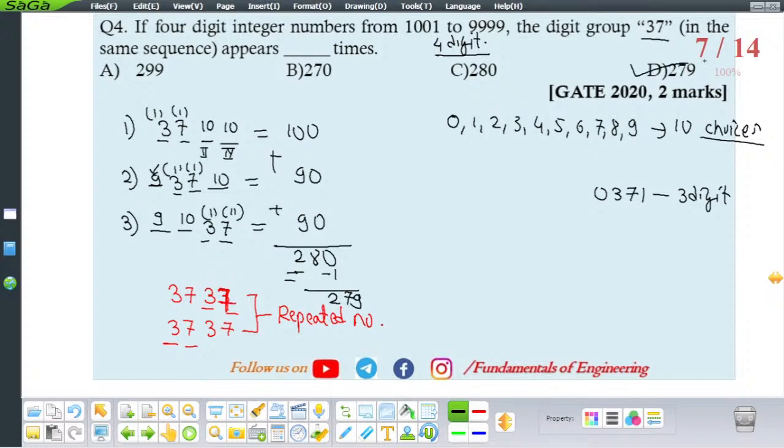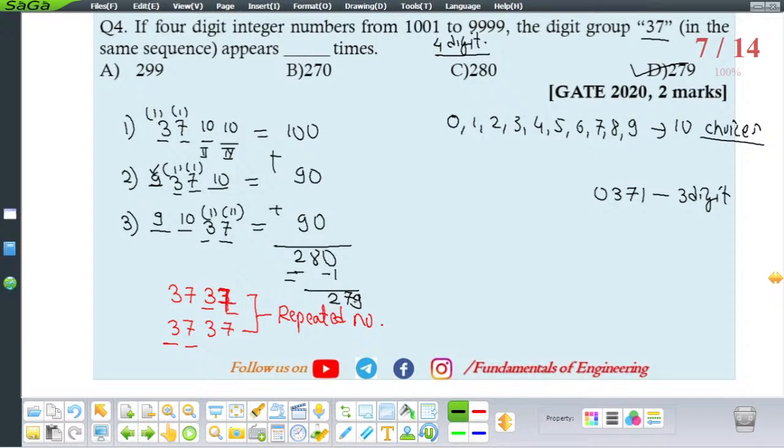Why? 37, 37 and 37, 37. This will be the repeated number. We can't use two numbers. We have to use only one. So in these cases you have to use only one, or from these cases either one. So we have to deduct 1. So from this 280, these are the total possible choices. Among that, one repeated number, we have to reduce.